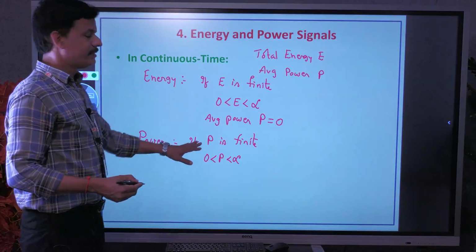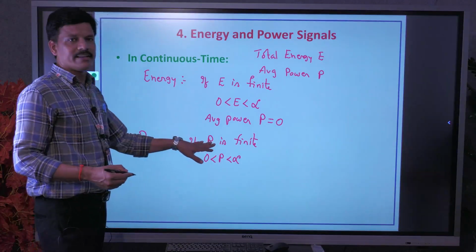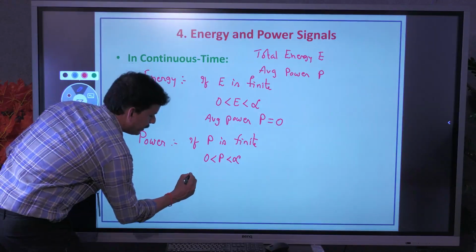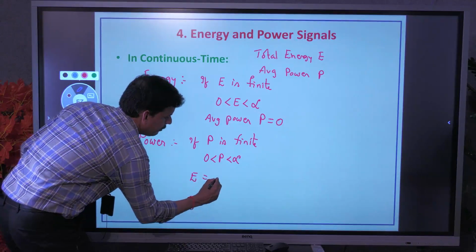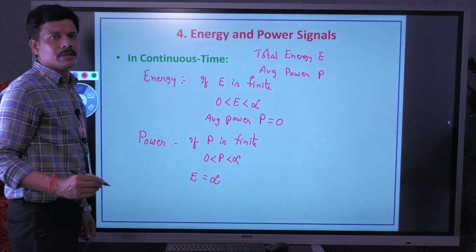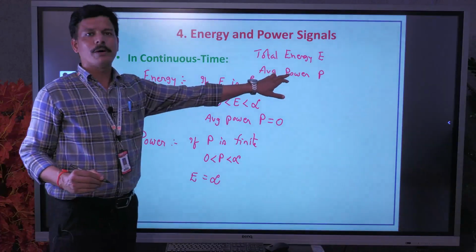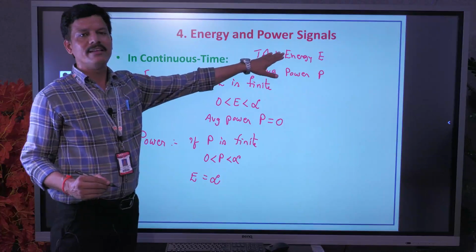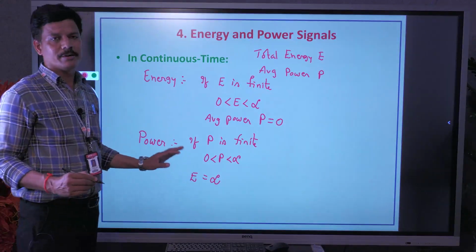For a power signal, if you calculate the total energy E, it will be infinity. So a signal is a power signal if the average power P is finite and the total energy E is infinity. These are the definitions of energy and power.